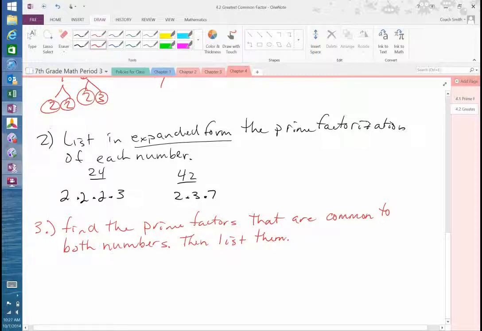So what prime numbers are common in both prime factorizations? 3 and 2. So there's a 2 and a 3 that are common. How many times is 2 common? 1 time. So I use it 1 time. How many times is 3 common? 1 time. So I use it 1 time. So that would be 2 times 3, which is 6.